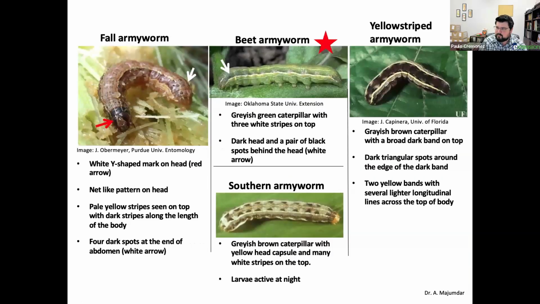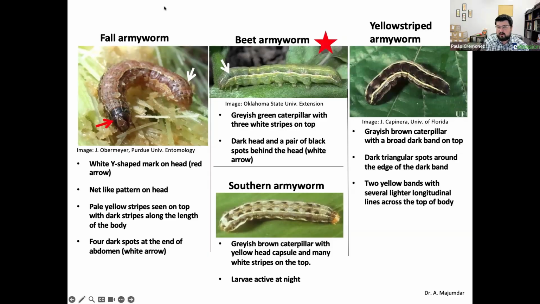Some identifications, a chart here provided by the material of Dr. Ayanava Majumdar, just to get a glimpse of identification. Please feel free to print the slide or contact me later. This is very important because if you identify that you have a potentially problematic caterpillar in terms of insecticide control, like the beet armyworm, then you may reevaluate the chemical product that you're selecting.